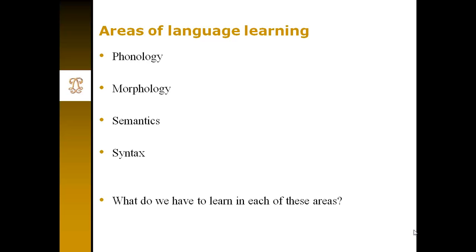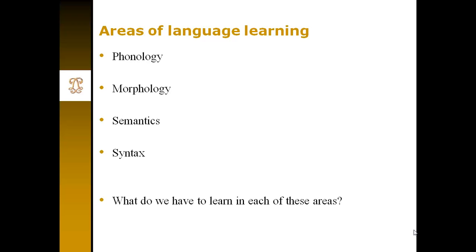Alright, so phonology, the sound system of language, morphology, the word building properties of language and how we use that word building system. Semantics is pretty straightforward, our third area of language learning, and that's simply learning the meaning of words.